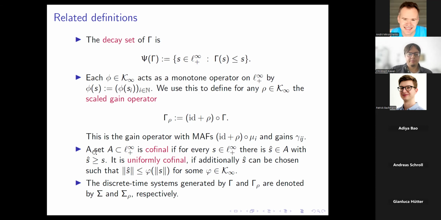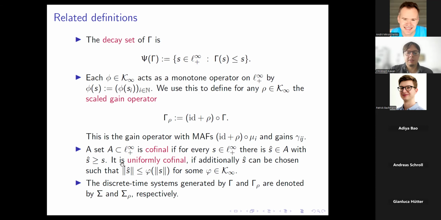All right, next definition. A subset A of the cone will be called cofinal if for every S in the cone, there is some S hat in the set A, such that S hat is bigger than or equal to S. This is a usual notion of cofinality.